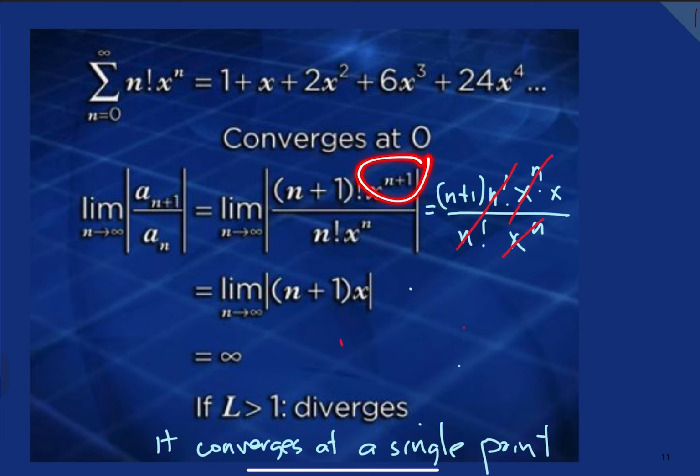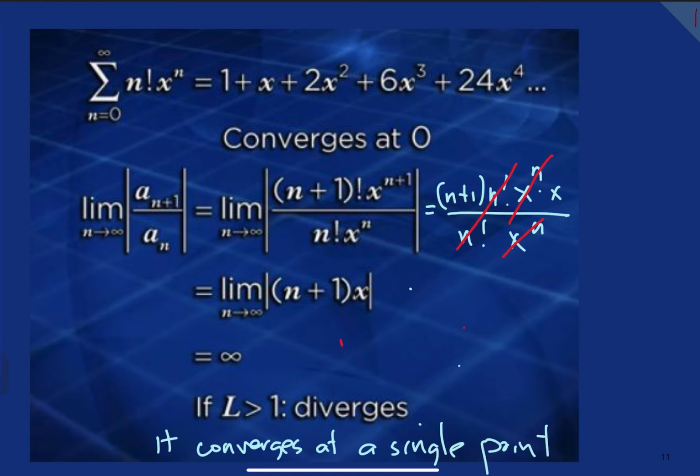And then we do the usual simplifications that we did in the previous example. X to the n will cancel out and the factorials cancel out, so all the x's will disappear except for one x in the numerator. But now the n plus 1 is in the numerator.